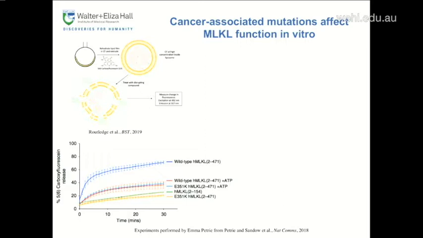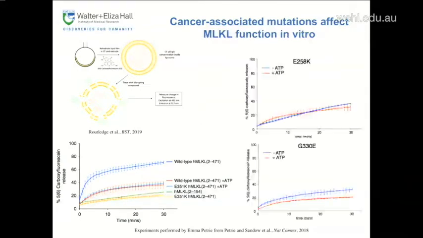With the wild-type MLKL, this had clearly two states, in the presence of ATP here, and the E351 mutant behaves the same in the presence of ATP. However, when ATP was taken away, the wild-type protein busts up these liposomes a lot quicker, whereas the E351 is a little bit impaired in function, so it's a slower disruption of the liposomes.